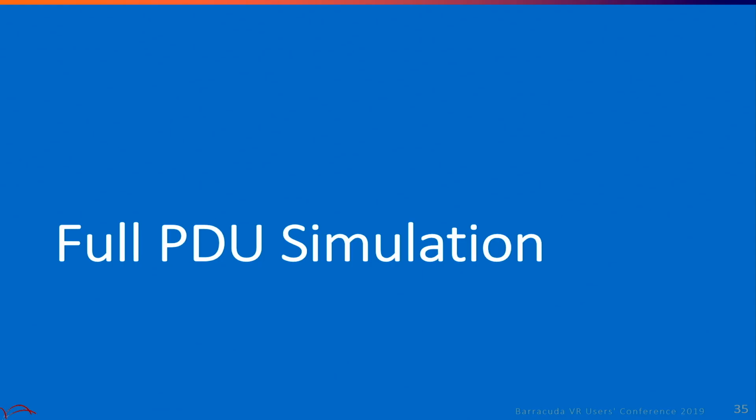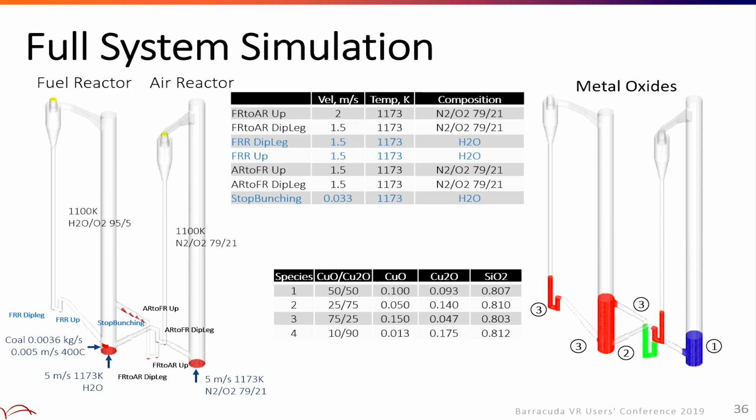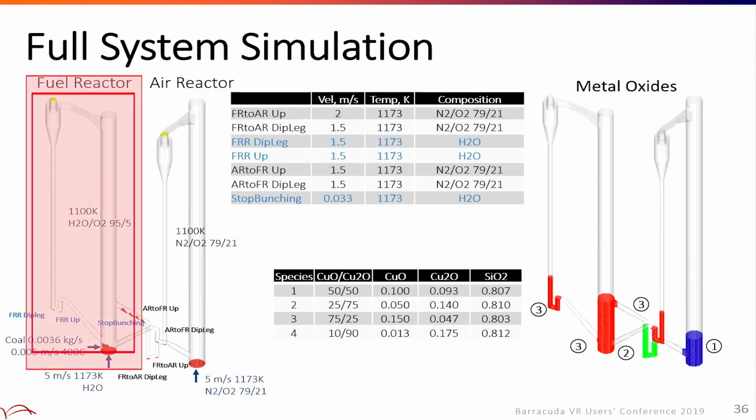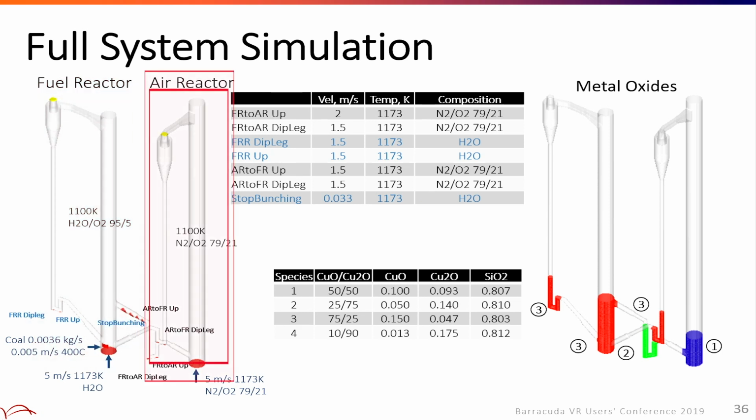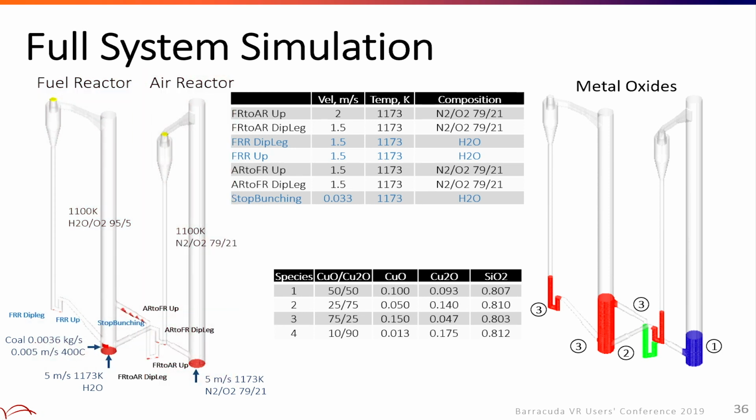So we look at the full PDU simulation using just the Illinois number 6 coal. This is a similar setup, with the fuel reactor part, and the air reactor part is just where you inject air through the system, and the metal oxide is circulated through the whole loop.